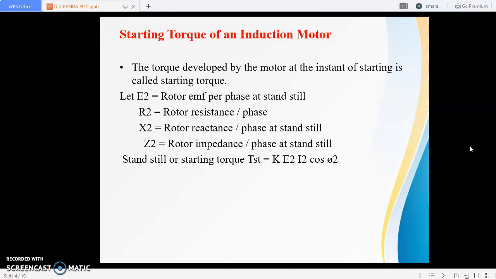Also, the standstill or starting torque here will be T starting equals K E2 I2 cos phi 2, we know.